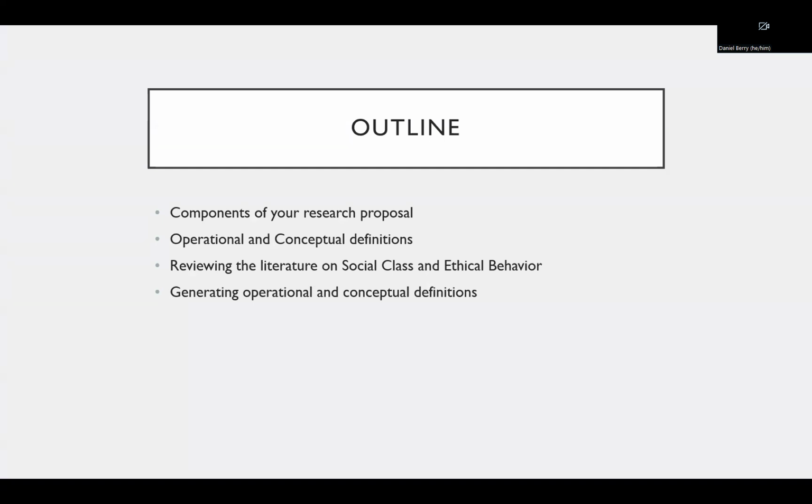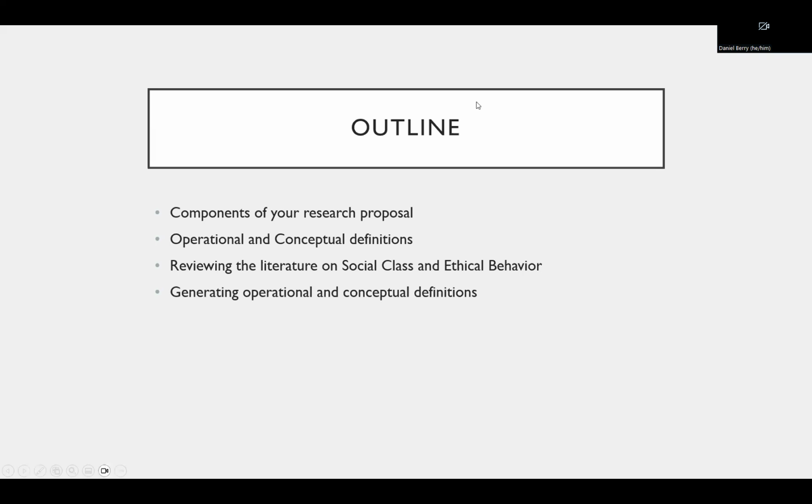We're going to talk about what operational and conceptual definitions are. And then I'm going to show you some early literature on social class and ethical behavior. We're also going to get some practice in lab generating some operational and conceptual definitions.